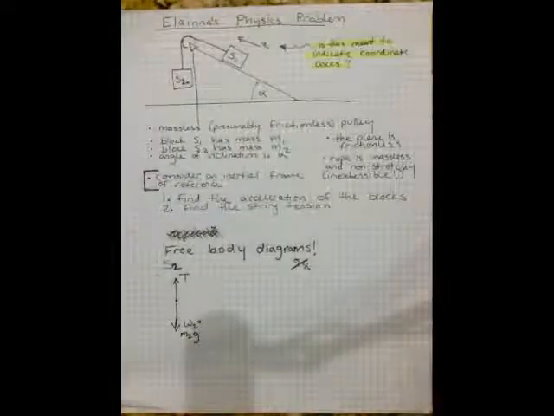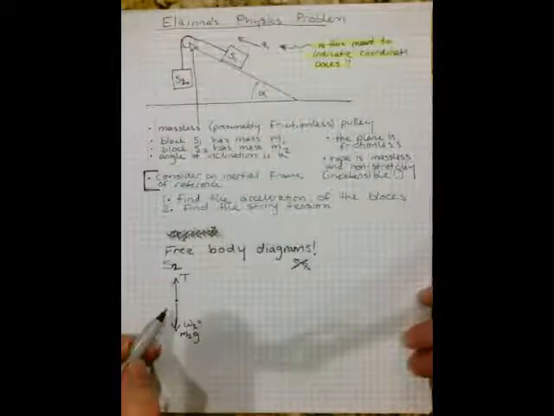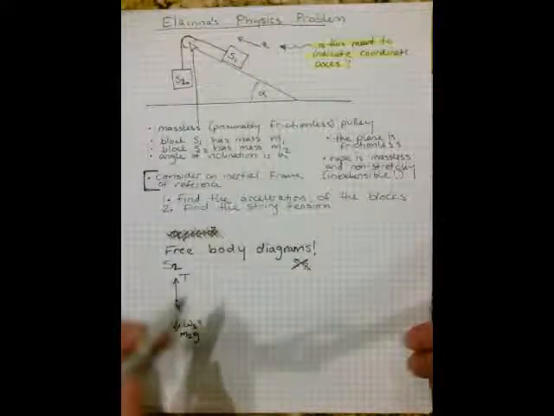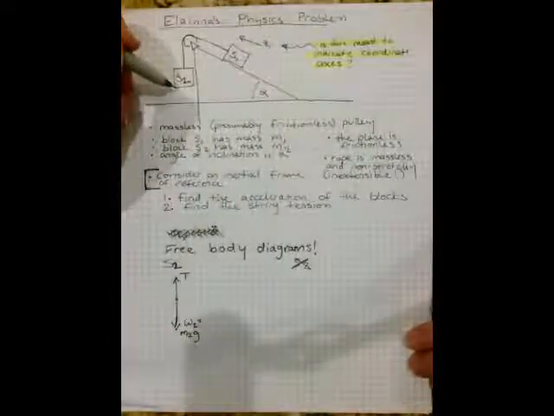The flat Earth approximation means we ignore curvature of the Earth. We assume that pull of gravity is always straight down, or I should say perpendicular to a flat ground level.